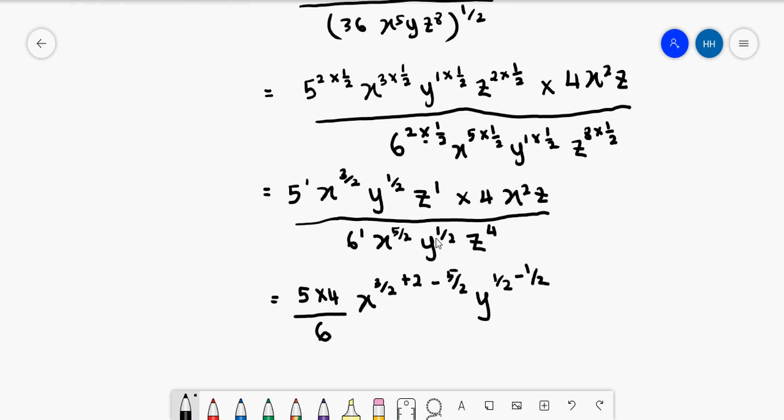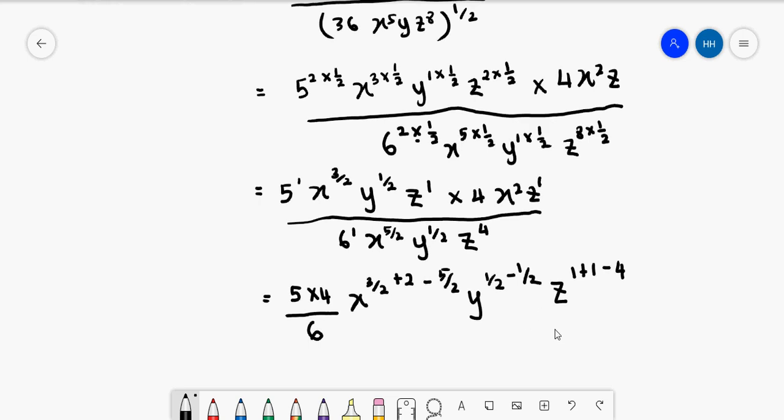And then next we have z, z to the power of 1, times 4x square z, right? z here also is power 1, so plus 1. And then minus 4.